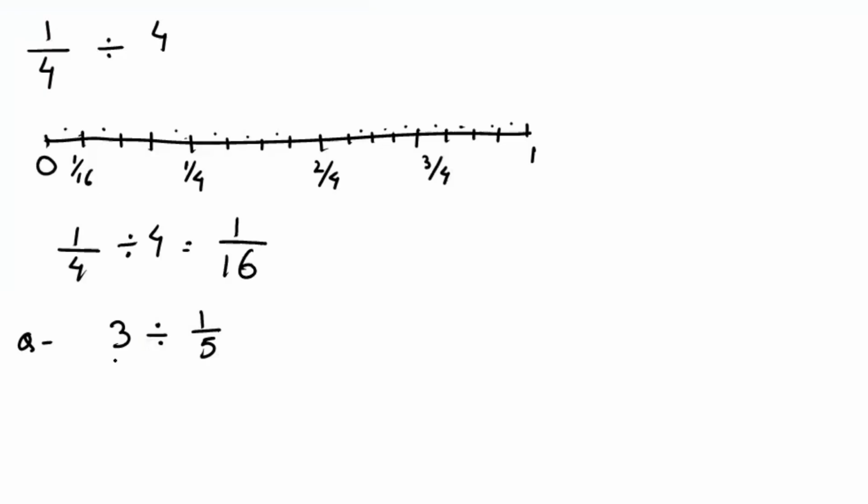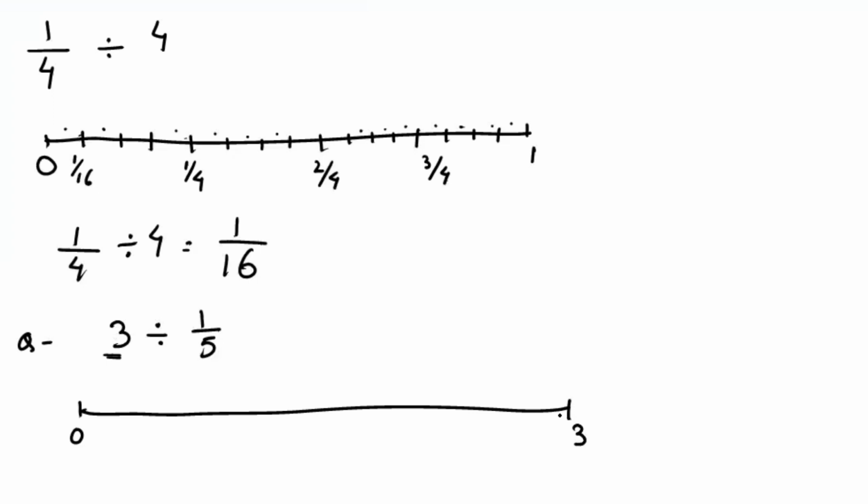We want to divide 3 into parts of 1 by 5. We will begin with the number line 0 to 3, because 3 is divided by 1 by 5.